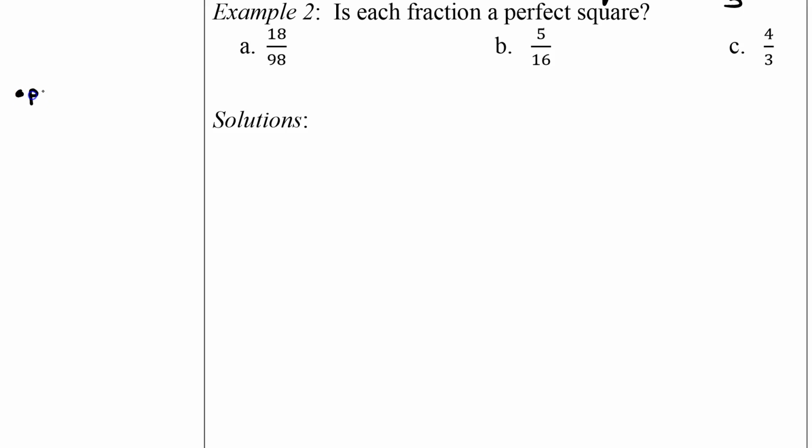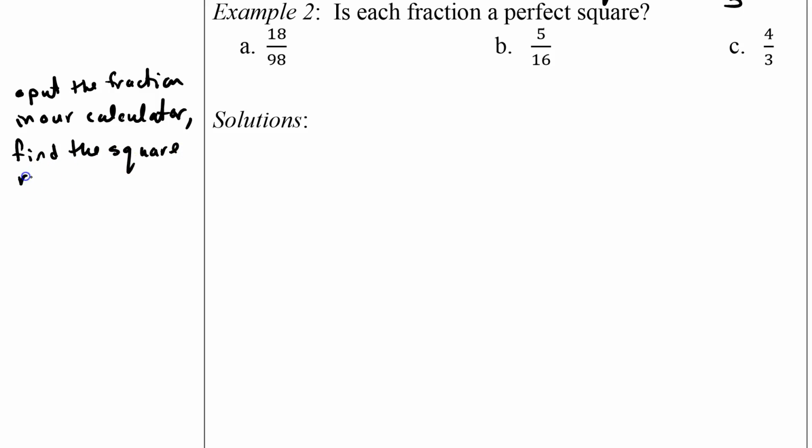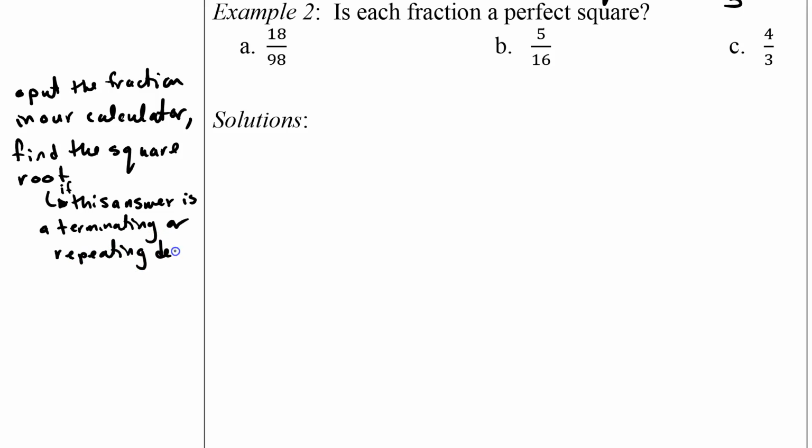If we put the fraction in our calculator and find the square root, and this answer is a terminating or repeating decimal, then it is a perfect square.